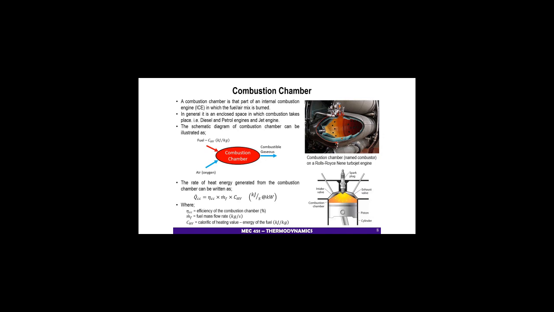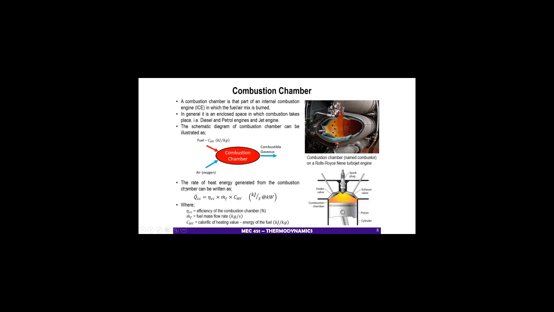So this is the schematic diagram of a combustion chamber. We have a fuel with calorific value CHV, and air, normally oxygen, mixed in the combustion chamber and then burned out. So the product will be combustion gases.